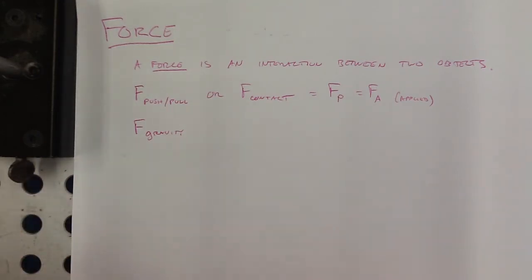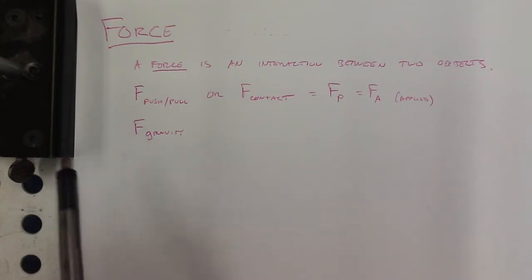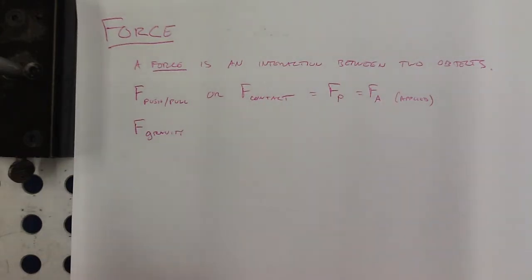Something just needs to be near a large object that's making a pretty significant dent in the fabric of space-time, like the planet Earth, for example. There's a big dent around the planet Earth in space-time, so things tend to want to go toward the middle of that.